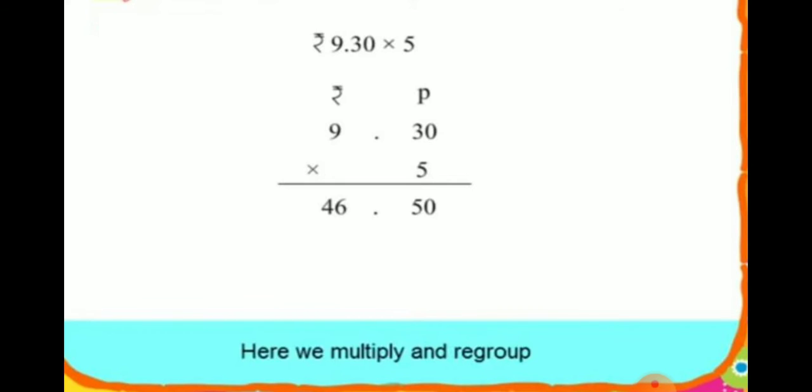Students, you can see here the decimal will be now placed from right, leaving 2 digits. That is, leaving 5 and 0, we will place decimal. And so our answer is rupees 46.50, or you can also say 46 rupees and 50 paise.